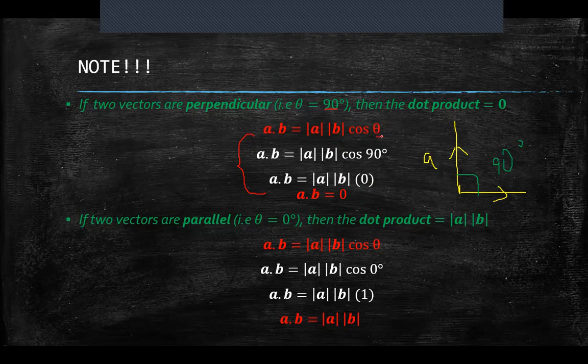Theta is 90 degrees, right? So if I substitute that into my formula, A dot B is equal to the magnitude of A times the magnitude of B cosine of 90 degrees. But we know that cosine of 90 degrees from trigs is 0.